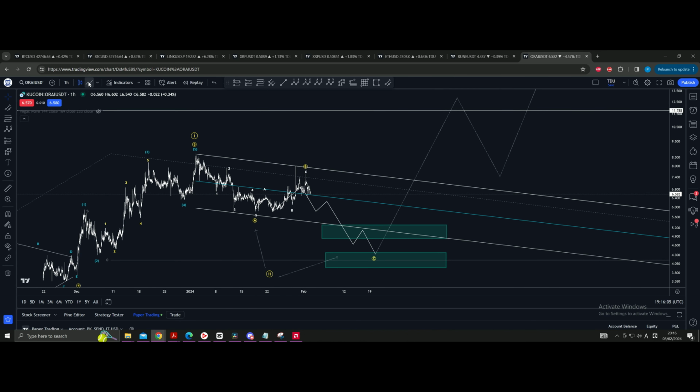So move down, move up, and perhaps another move down. The best you can do here is form an expanding diagonal, but I don't like to trade diagonals and I don't like to rely on them, so I would expect lower lows on ORAI, even though I just hold this one.